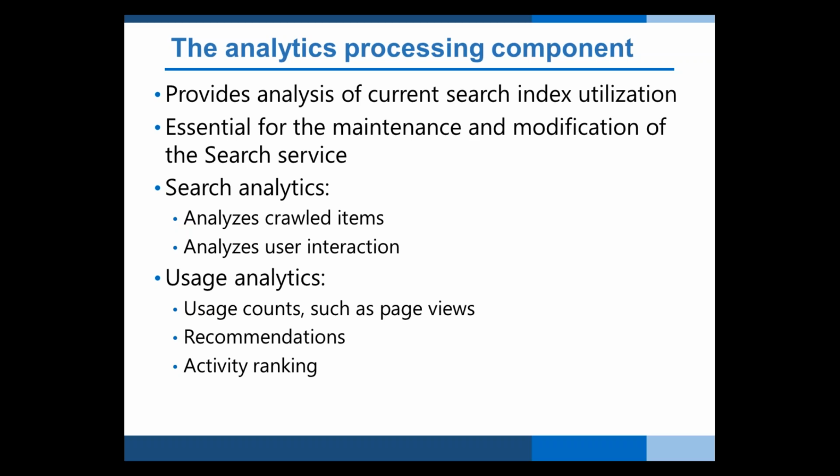Another thing to realize is we're analyzing how many items were crawled, what your user interaction is, what your page count is, how many times we're viewing that page. And from that, we can actually increase the relevancy of those items. So as mentioned before, the more you use search, the better those search results will be.